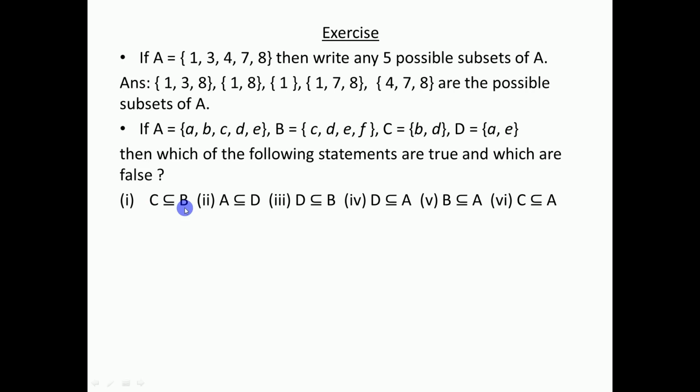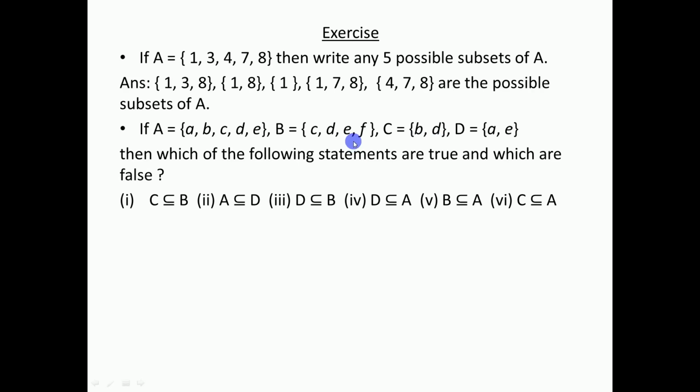That means it is saying that all the elements of C are present in set B. So let us check. C has elements b and d. So we have to check whether b and d are present in set B or not.